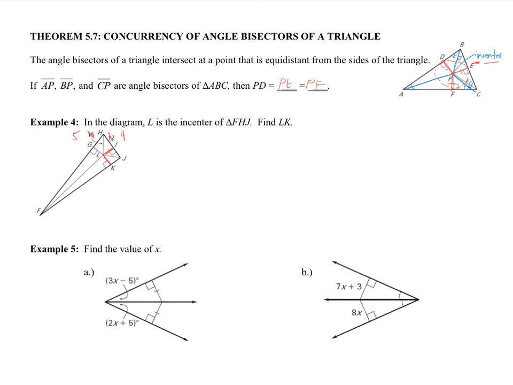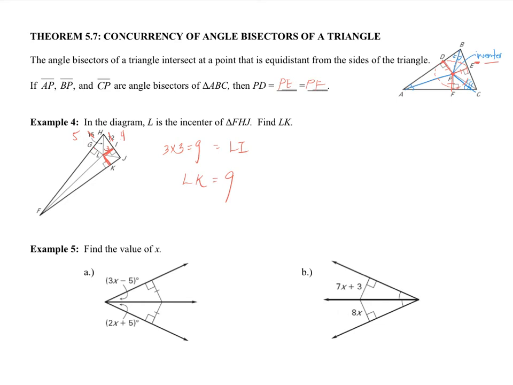So by the common Pythagorean triplets, then the length of LI must be 3. Since I divided by 3 here, I have to multiply by 3 again to get the full length of LI. So if I know LI is 9, then LK must also be 9 because LI and LK are the shortest distance to the sides.